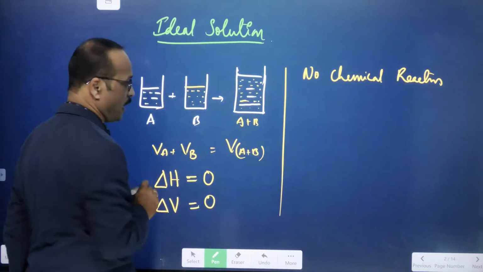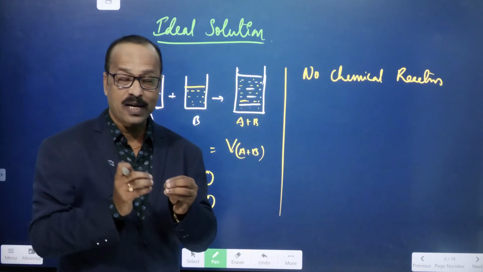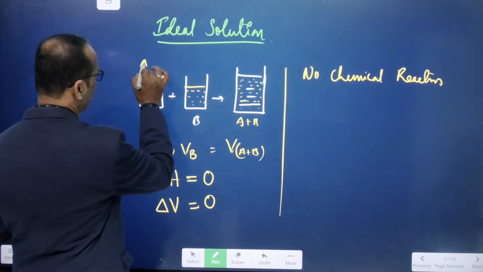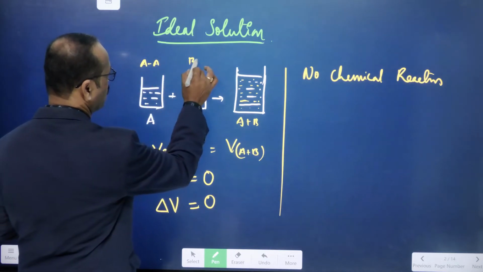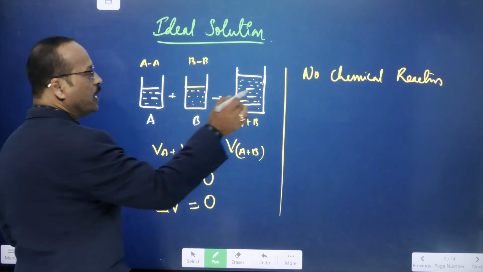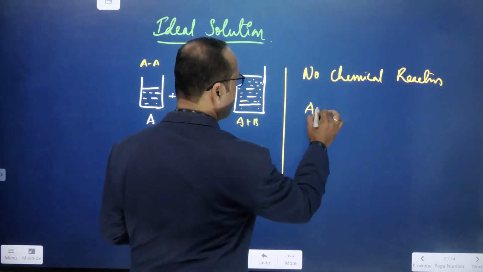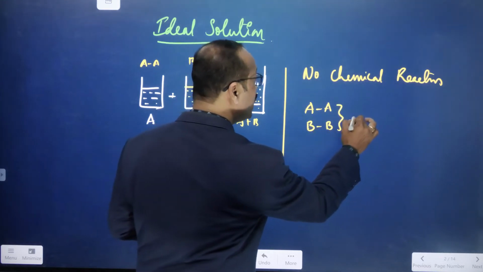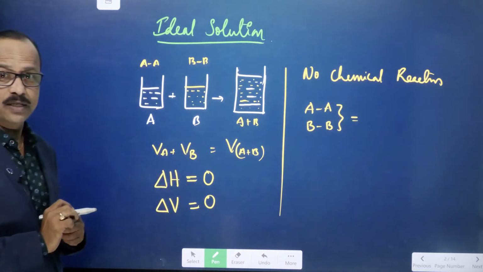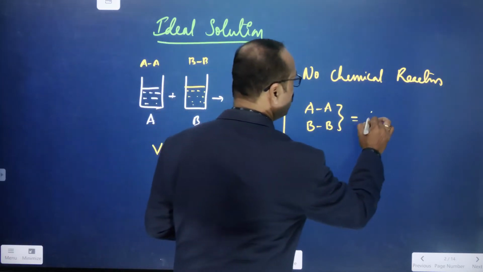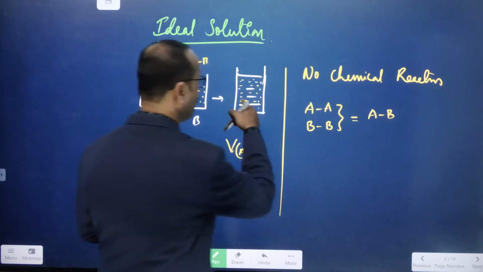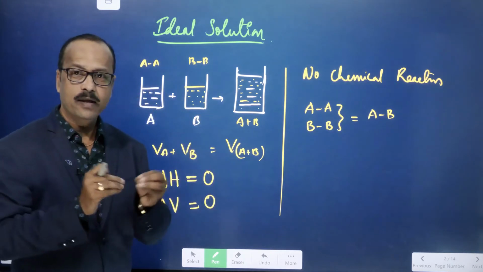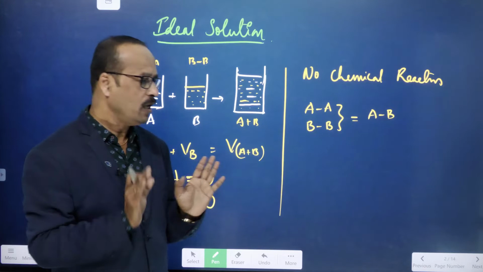So if I am taking the liquid A, there is also some force of attraction between A to A molecules, and the force of attraction B to B. If you check here, the force of attraction between A to A or B to B is equal to, very important point, the force of attraction between A and B. Means that I mixed both the solutions, no? So here the force of attraction between AB will be the same. Okay, so these are the points.